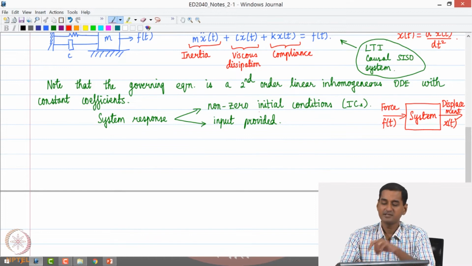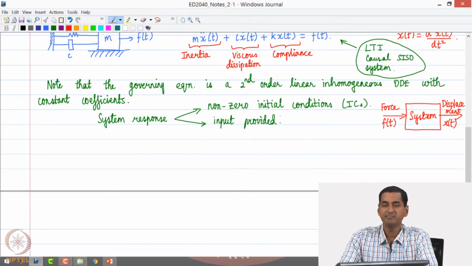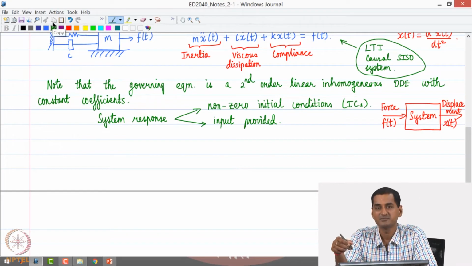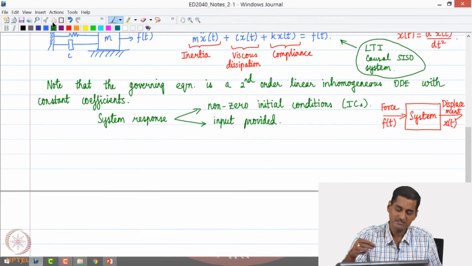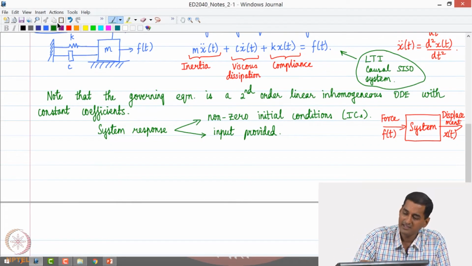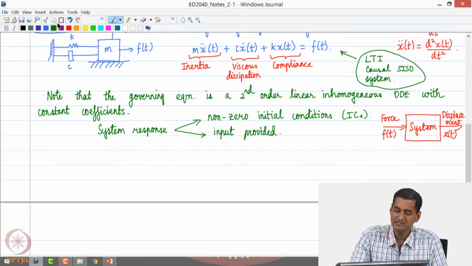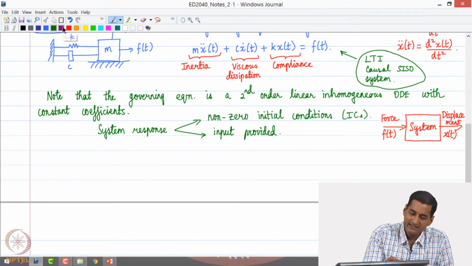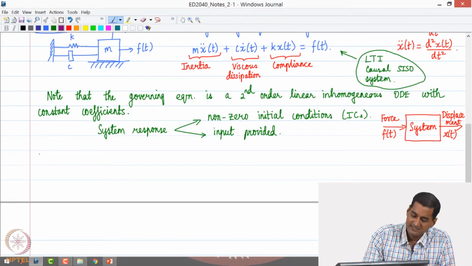In other words, based on the input or the force that is provided, I can have a displacement. That comes as what is called the forced response of the system. So the system response can have two components, and this is an example of a linear time invariant causal SISO system.